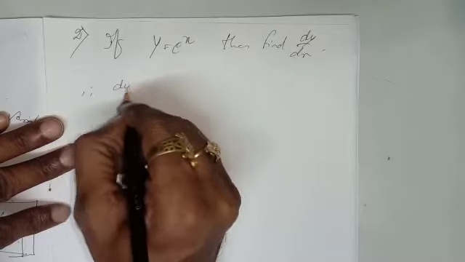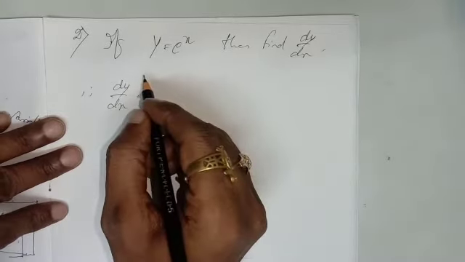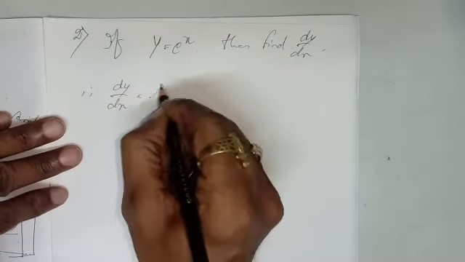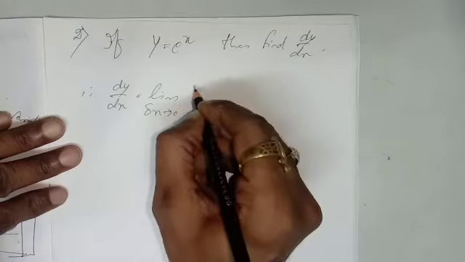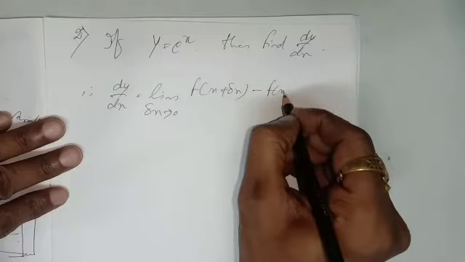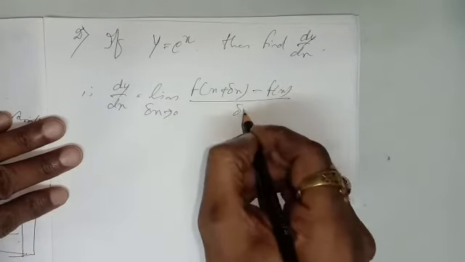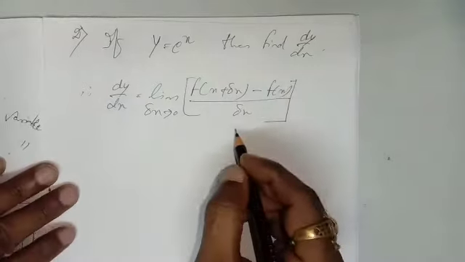Therefore, dy by dx means derivative of y with respect to x written as limit delta x tends to 0, f of x plus delta x minus f of x by how much? Delta x. So this is the formula you have to apply. And this one is called derivative by first principle.